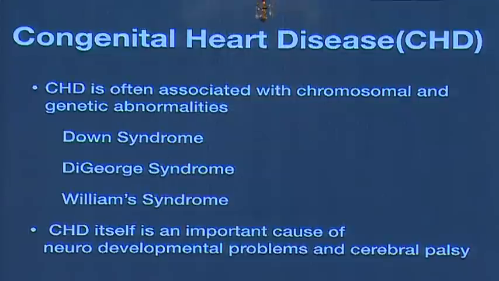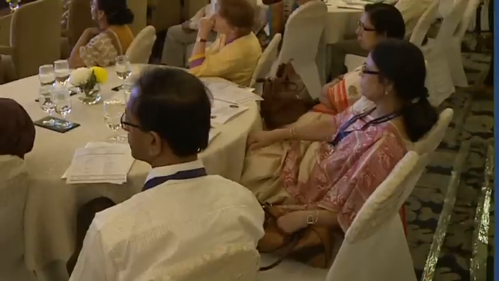And congenital heart disease itself is an important cause of cerebral palsy. This is very interesting. If we think about congenital heart disease, it is not just a heart problem. It can lead to different kinds of systemic problems, and developmental issues are a main concern. I will elaborate on this in detail.